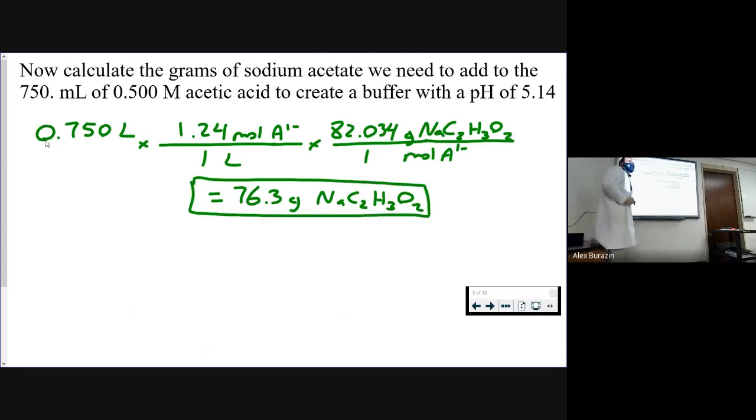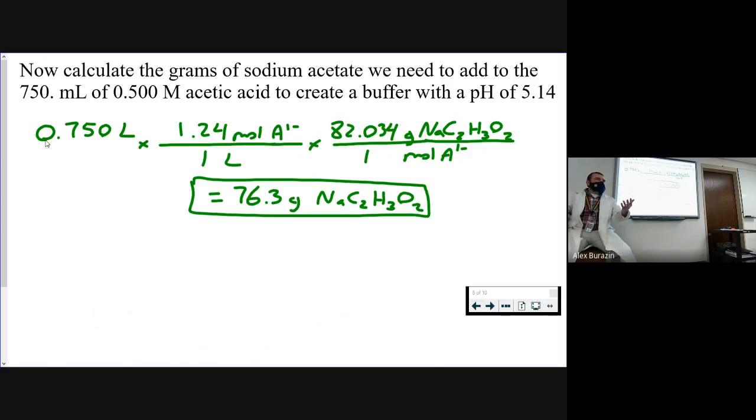So if I were to add 76.3 grams of sodium acetate to my 750 milliliters of 0.5 molar acetic acid, I would have created a buffer with a pH of 5.14. Right? That's kind of the recap of what we're up to here. If I have equal molarities of acid and base, my pH equals my pKa.